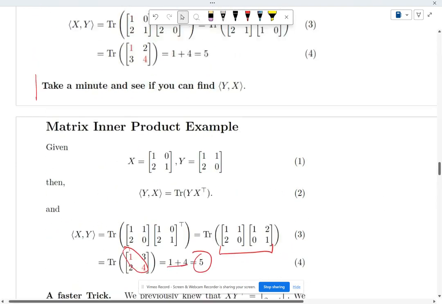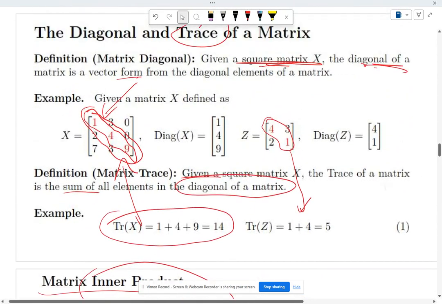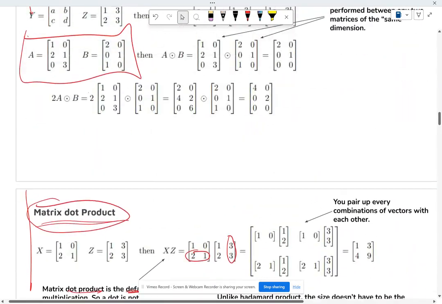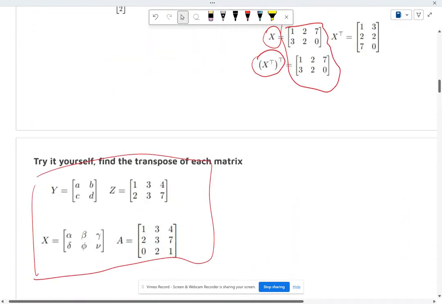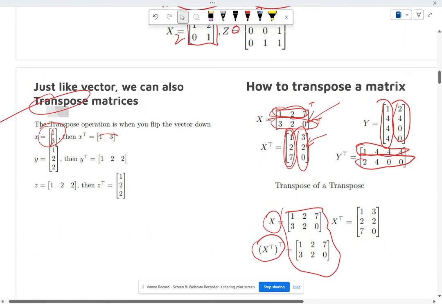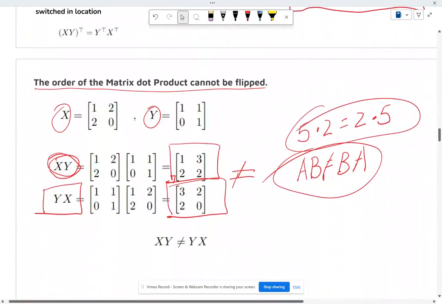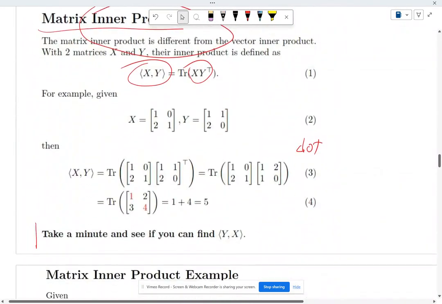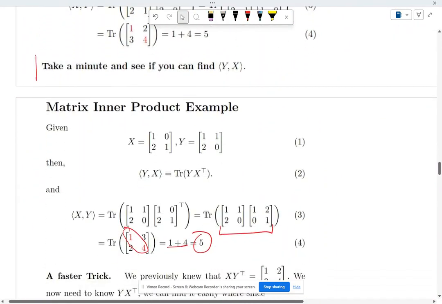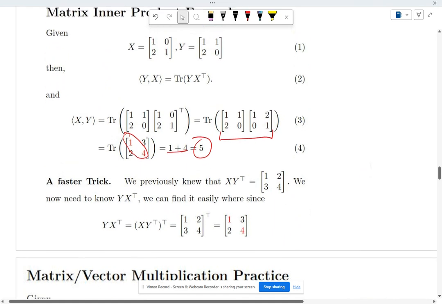Now, I don't know if I showed you previously, when we talked about transpose, but I guess I did not. Okay, so there's an interesting property that I would like to show you. Is it this one? This one, yes.